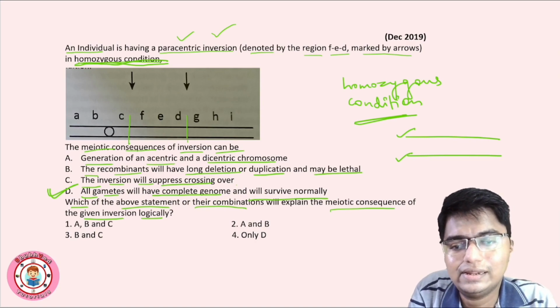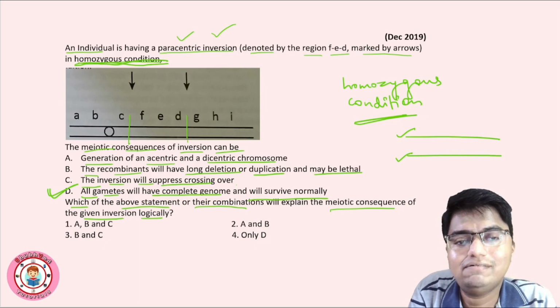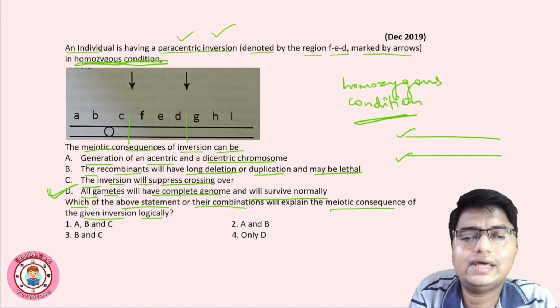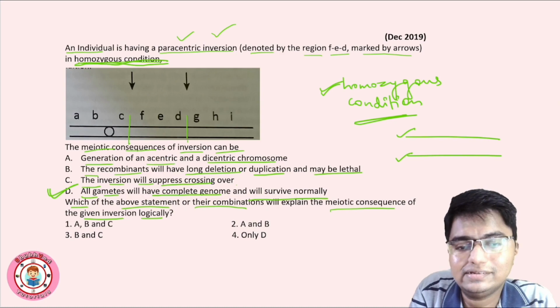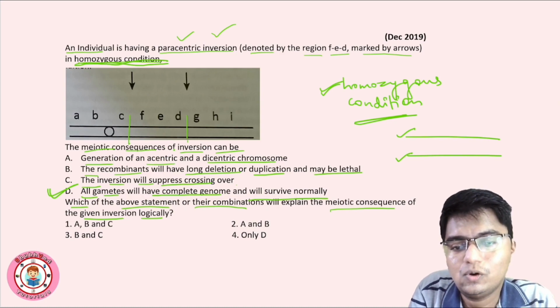Okay, heterozygous condition में two chromosomes, one chromosome is normal, one is inverted. So crossing over होता है, and after crossing over there is deletion duplication product, so that becomes problematic. अगर homozygous condition है then the gametes will be normal, all the gametes.